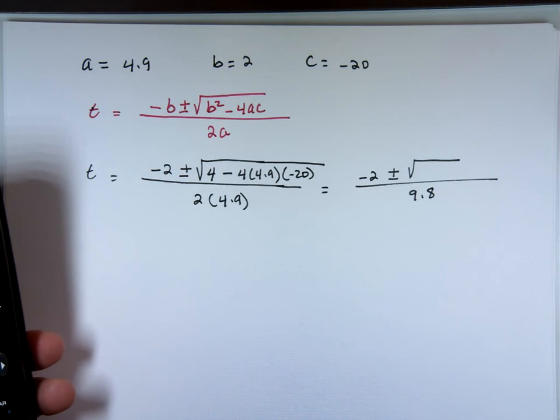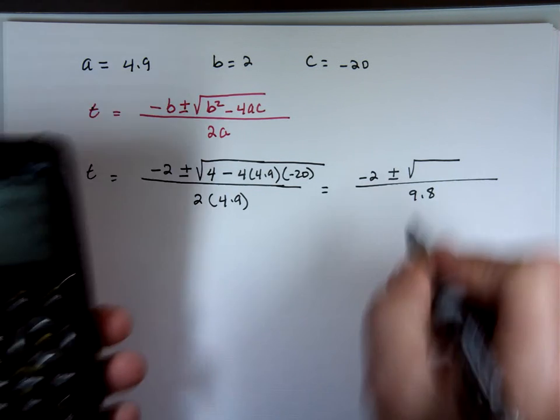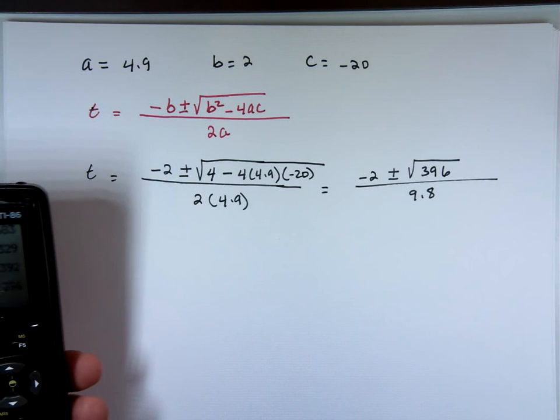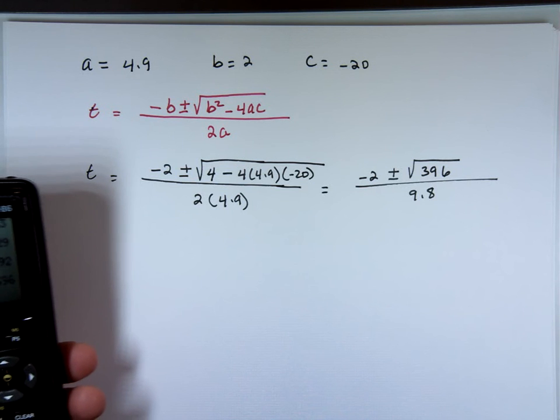This is 396. Take the square root of 396.